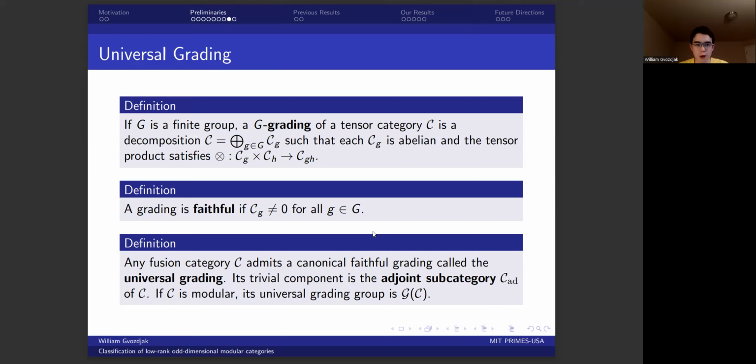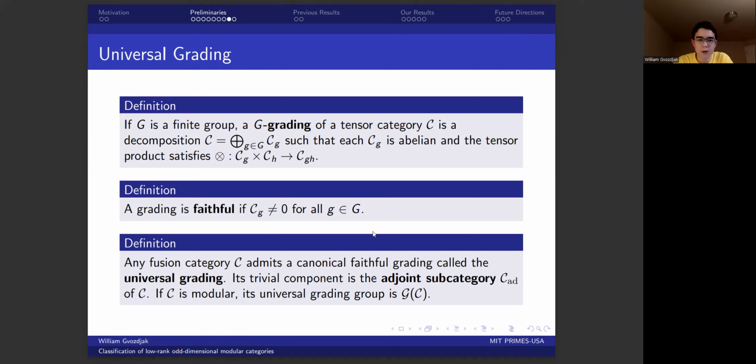So for every two objects inside of C sub G, we can take their direct sum, and this remains in C sub G. And the tensor product also satisfies this really nice property, that if we have an object in C sub G and an object in C sub H, we can take their tensor product, and this lands us in C sub GH. So this means that the tensor product works really nicely with the structure of the group.